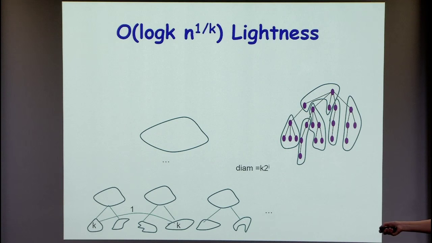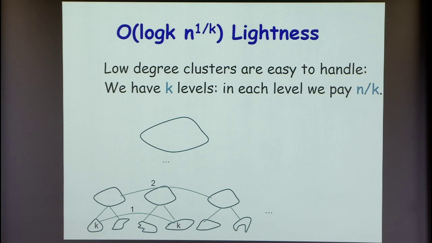So overall, for all clusters, I pay n over k weight. And we can do that similarly for every level. And since we have only k levels, overall we will pay only O(n) weight. So if I got lucky and the number of incident edges is always constant for every level, then we are done. But what do we do now with high degree clusters?